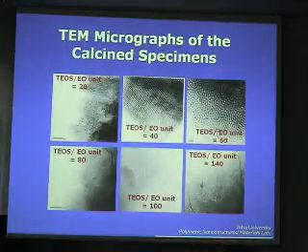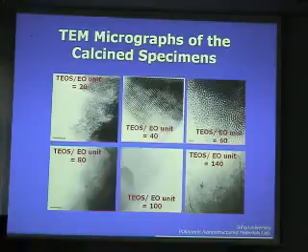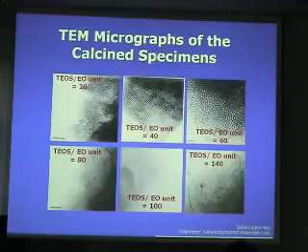So this data shows the TEM micrographs of the calcined samples with the various TEOS and EO molar ratios. At a TEOS to EO molar ratio equal to 20, we have this kind of platelet-like structure.